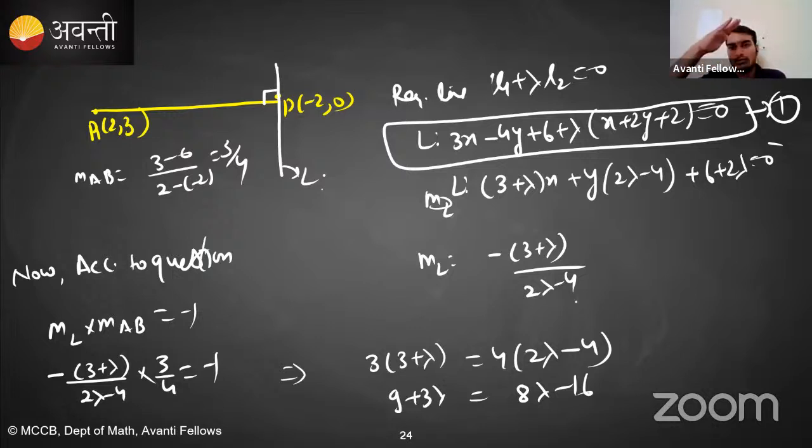Yes or no? So the only way our distance is maximum is when the line is perpendicular to the line joining those two points. Is this clear? Quickly tell me in the chat box how many of you understood.